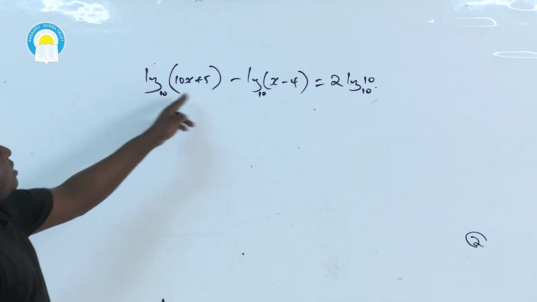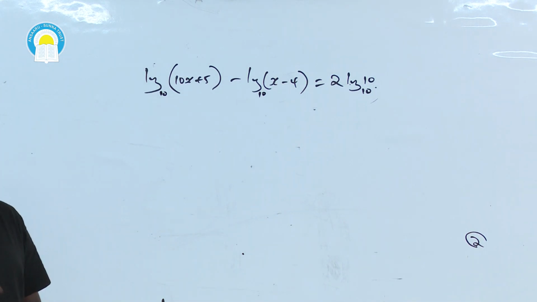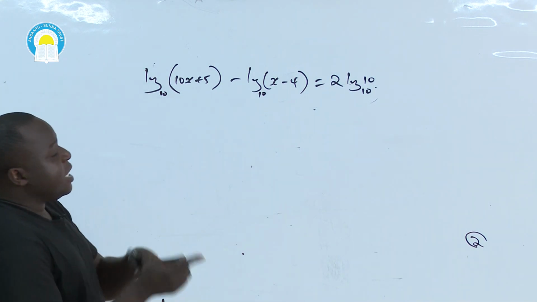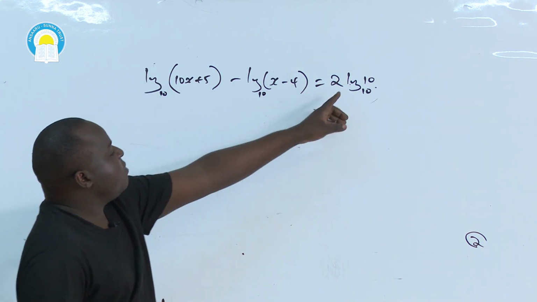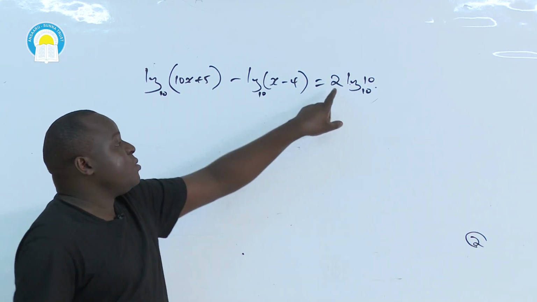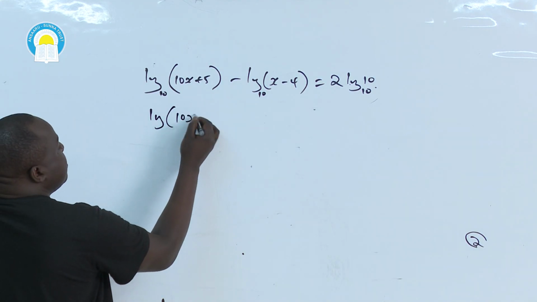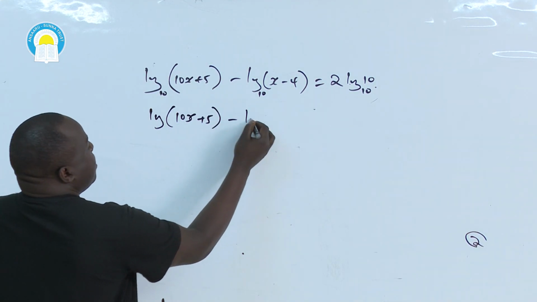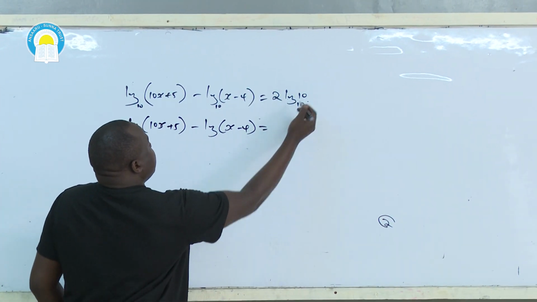So now, at least I have logs on all the terms. Next thing is to check the coefficients. Do you have any coefficient? Because of this introduction of logs here, it makes this a coefficient. So I have to get rid of this, which leaves me with log(10x + 5) minus log(x - 4) equals log 100 on the other side.